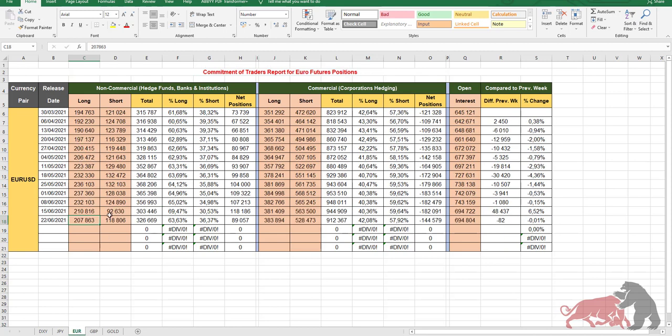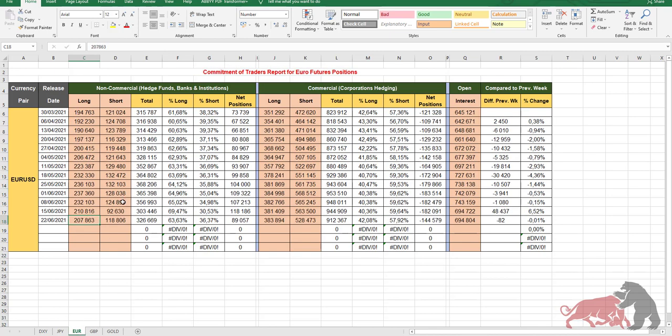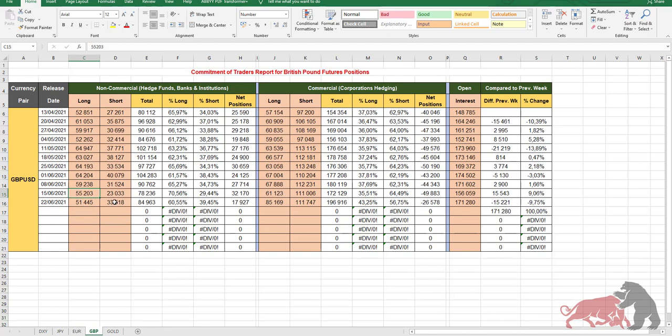Remember on euro they added a big chunk, about 26,000 positions that were added to the downside on euro. That is crucial. Then on pound here we've got about 10,000 positions added to the downside.